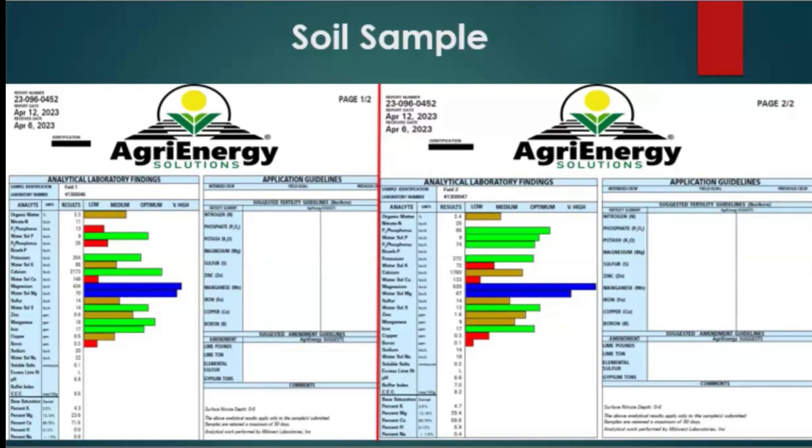And I really like it because dummies like me, and I'm not colorblind yet, but it's been a few years, can look at that and say, oh, that looks good. That's green. Oh, blue, that's pretty high. You know, red, I better take a look at it. So it gives you a really good overview picture in an easy-to-read format.